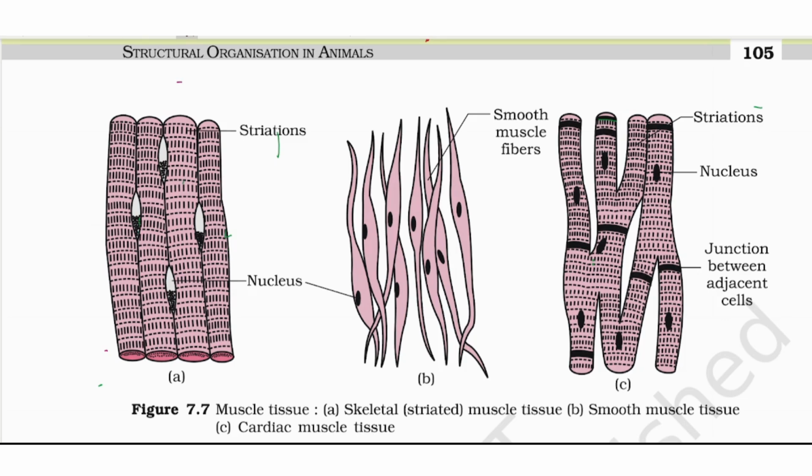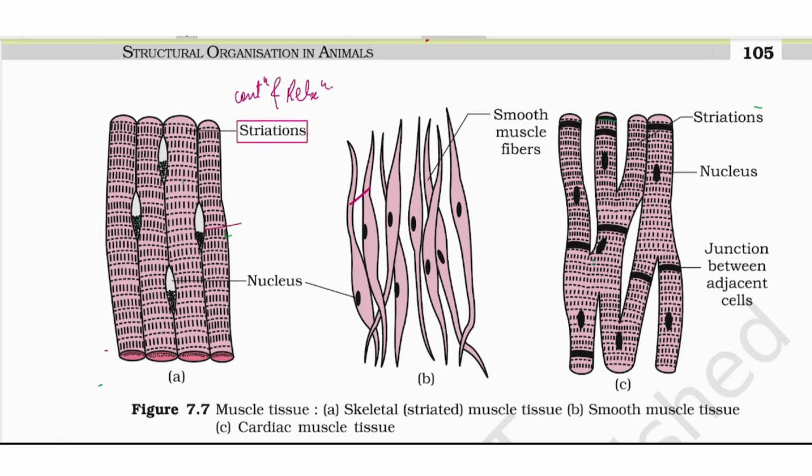Skeletal muscle is showing the striation as I told you, and striation means they are showing the contraction and the relaxation here. So striation is because of the contraction and the relaxation. Okay, and here they have the nucleus.